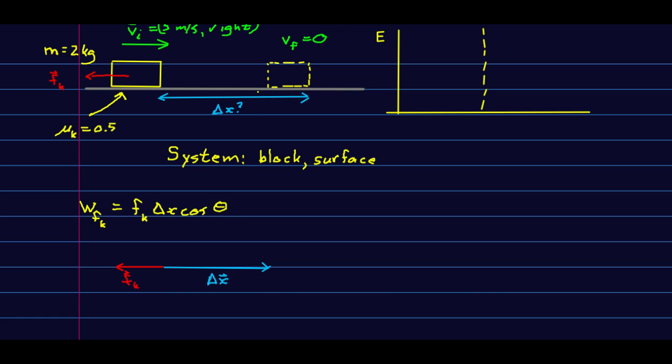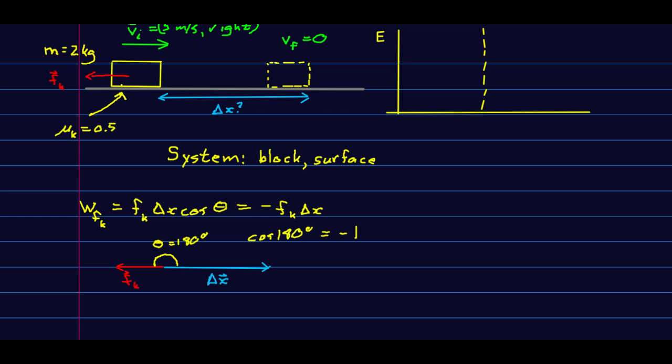And so the angle theta between those two is 180 degrees. And you may or may not know that the cosine of 180 degrees is -1. And so this work done by the friction is just negative the friction force magnitude times the magnitude of the displacement. That's it.